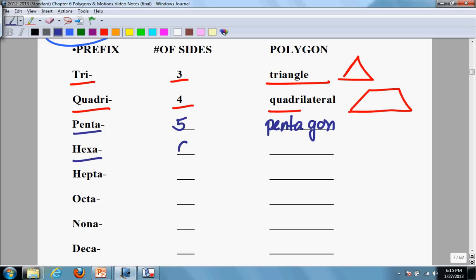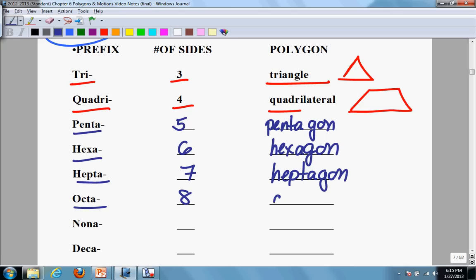Hexa is a six-sided shape, and that would be a hexagon. Hepta is a seven-sided shape, so that would be a heptagon. Octa is an eight-sided shape, so that would be an octagon.